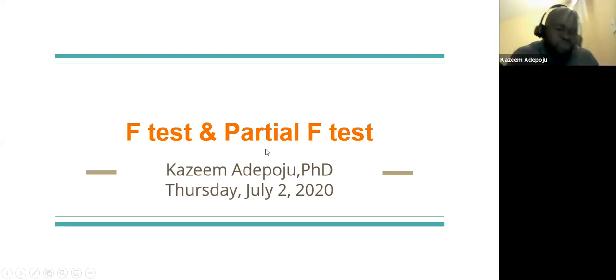But in a situation where I have two different models and none of them is the intercept model, maybe one is a simple model and the other is a complicated model, in such a way that the simple model is nested in the complicated model, we're going to make use of what we call a Basia F test. So there's a difference between the F test and the Basia F test.